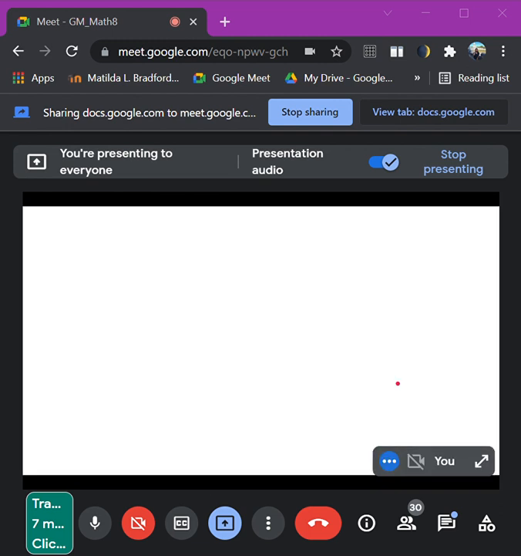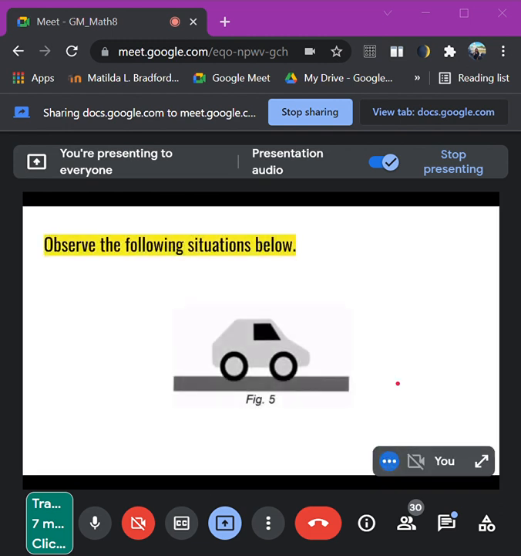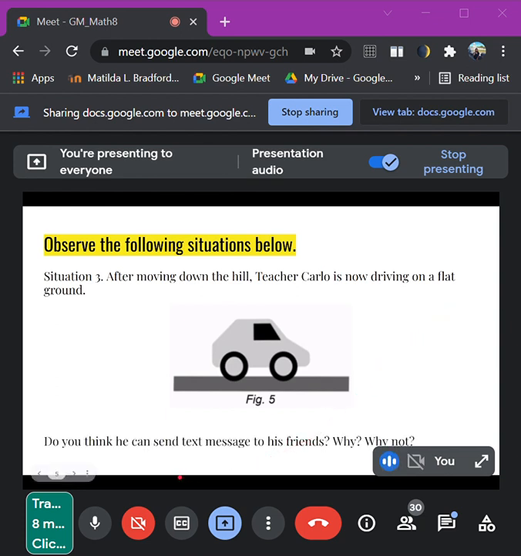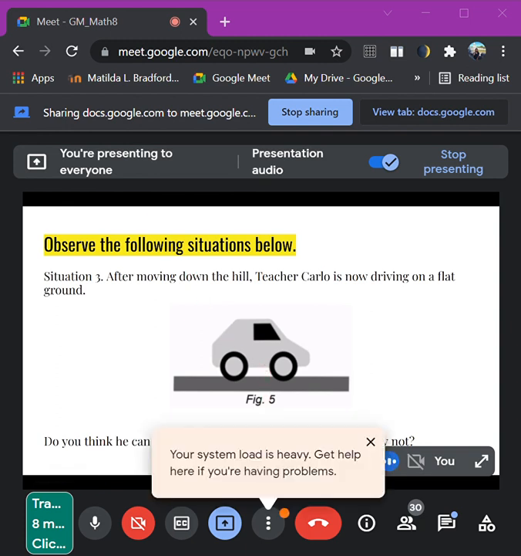Now, for the next one, for our figure 5, after moving down the hill, Teacher Carlo is now driving on a flat surface. Question: do you think he can send text message to his friends? Why or why not?